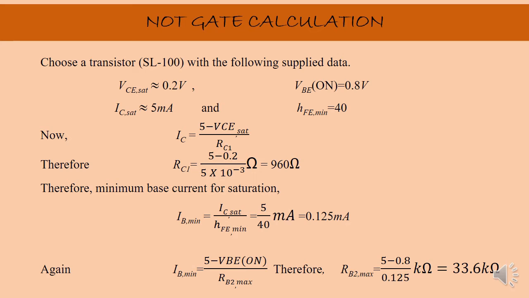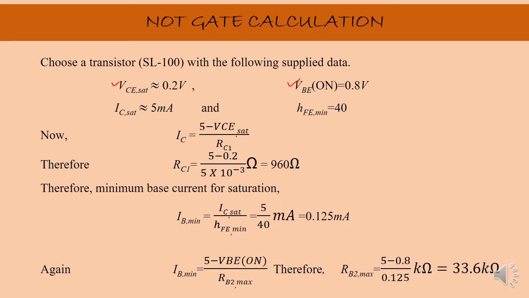Here we choose a transistor, that is SL100, with the following supplied data. We can choose any type of NPN transistor. VC saturation value is 0.2 volt. VB on condition value is 0.8 volt. This value is the same for any transistor.